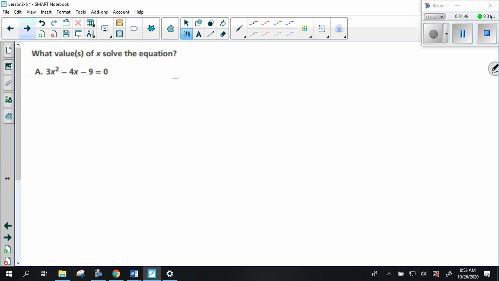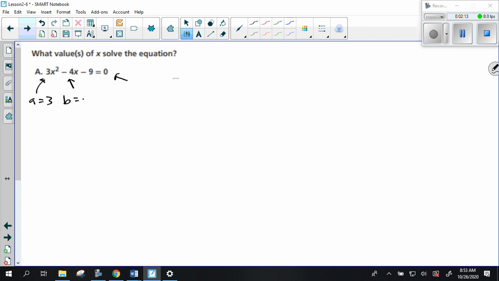Okay, so this has already been set equal to 0, and that is very important. You need to have 0 on one side and all of your other terms on the other side. The next thing we need to do is identify what a, b, and c are in this particular quadratic equation.